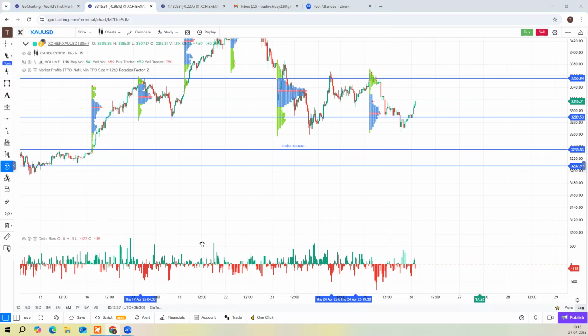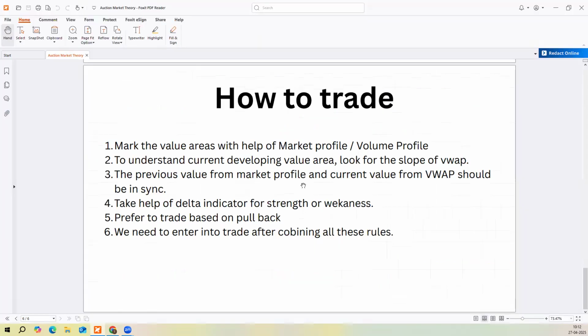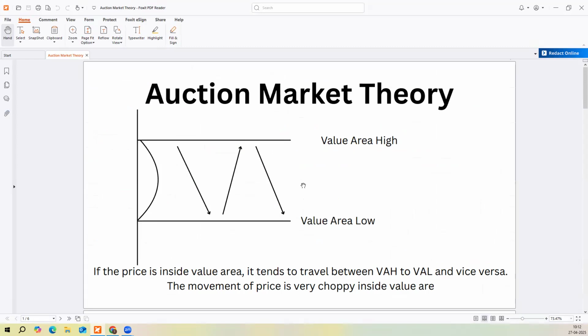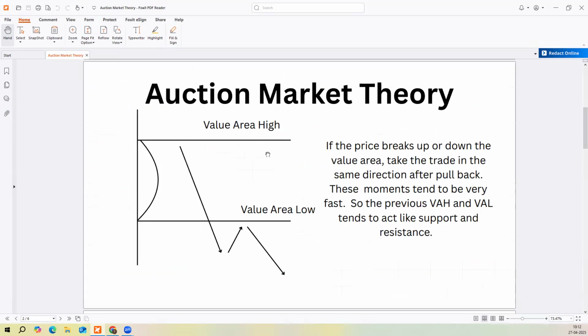Now let's see how we are going to take the trade. Auction market theory says inside a value area, we keep on taking trades based on the reversal, from the value area high to value area low, and then value area low to value area high. Now, this is an important point.